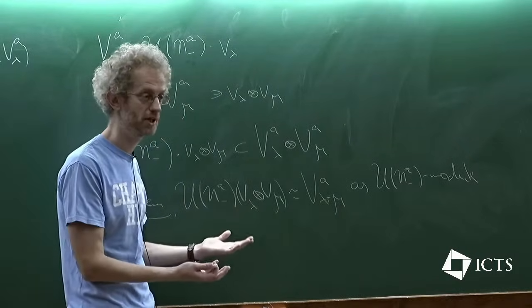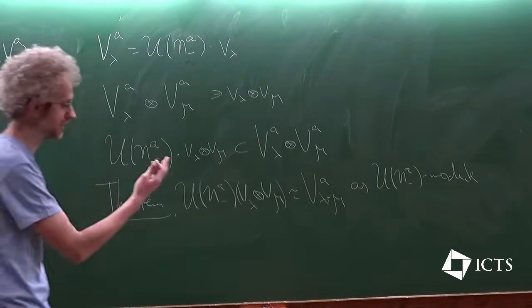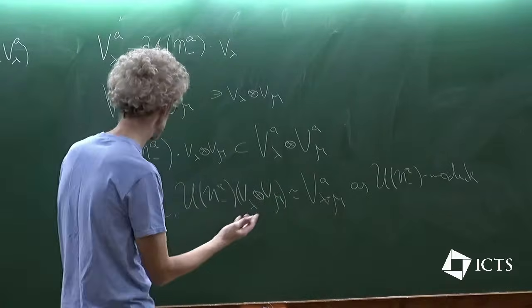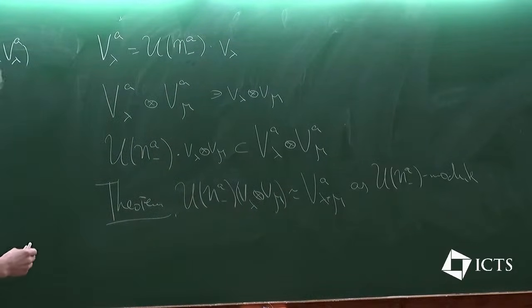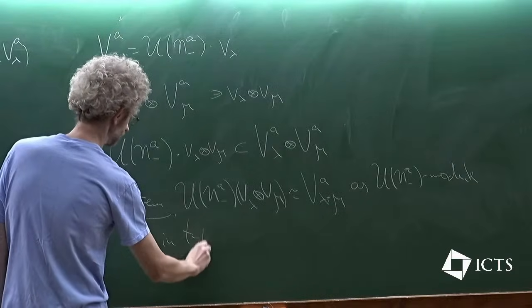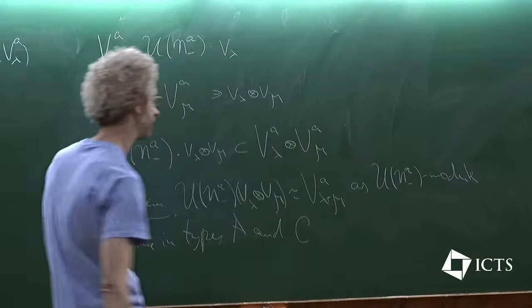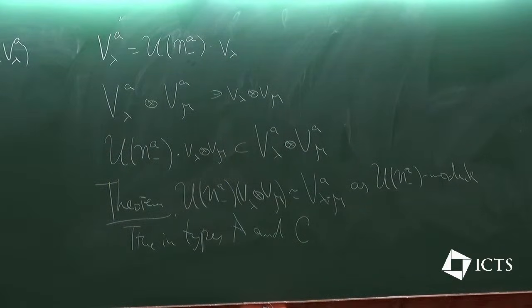And then you have to compare, and it's not obvious at all that you have any connection, right? But this is the theorem. It's not known in general. It's known in types A and C, G2 as well, probably. The construction is very general, but no general statement is known. However, it is true in types A and C.